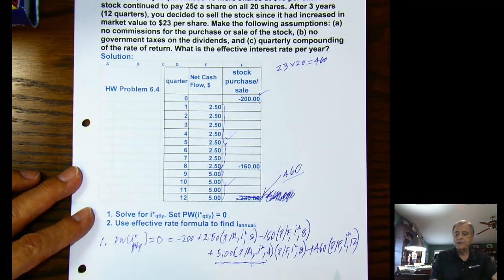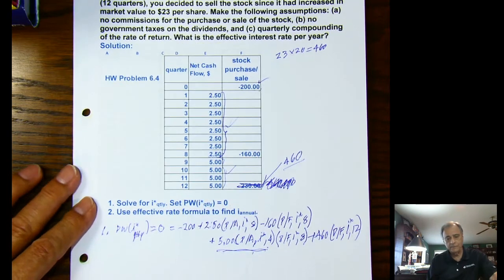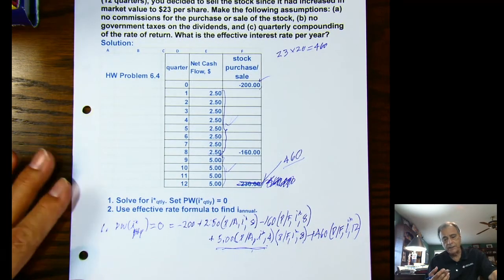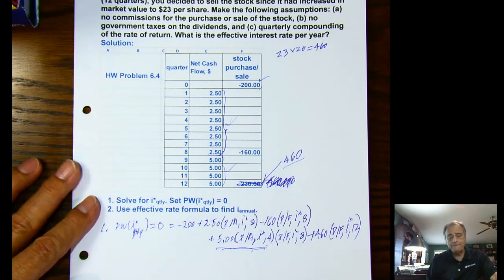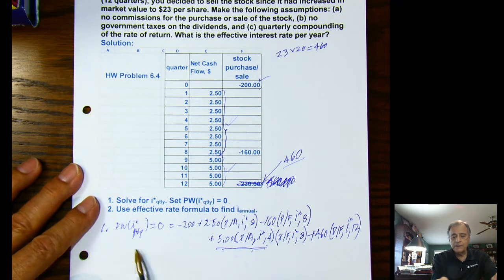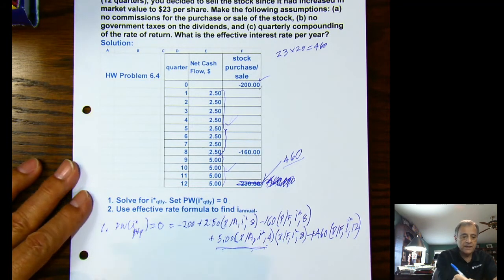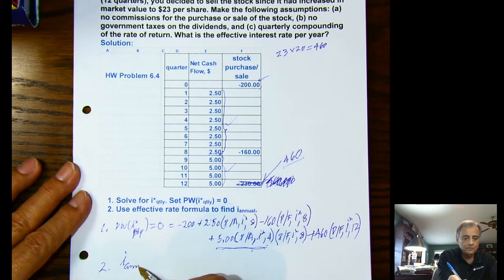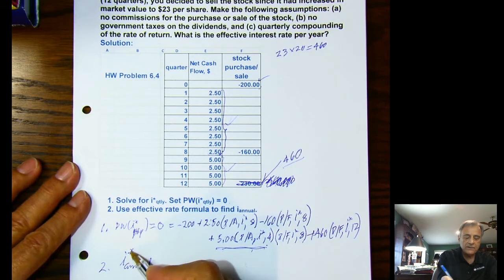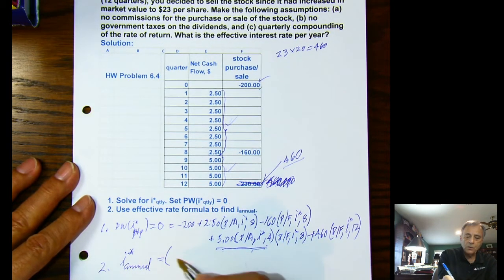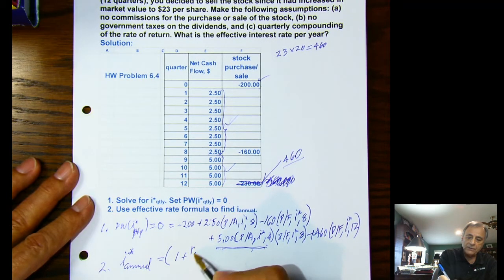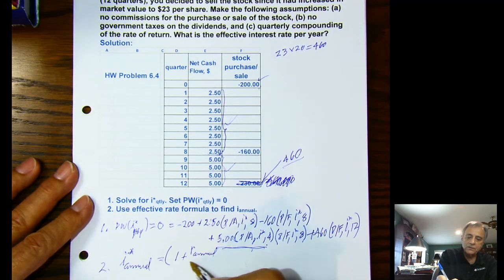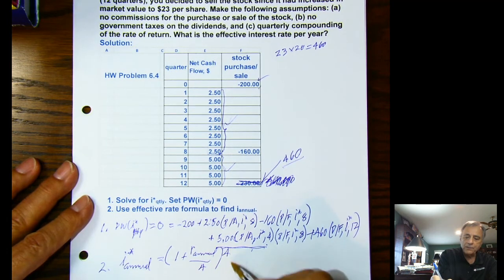So when I solve this equation for I quarterly, you could do it in different ways. You could use Excel, or you can just do it by trial and error. Once you get I quarterly that solves this equation, the second step then is that I annual, the effective annual rate, equals 1 plus the nominal annual, R annual, divided by 4, to the 4th power, minus 1.